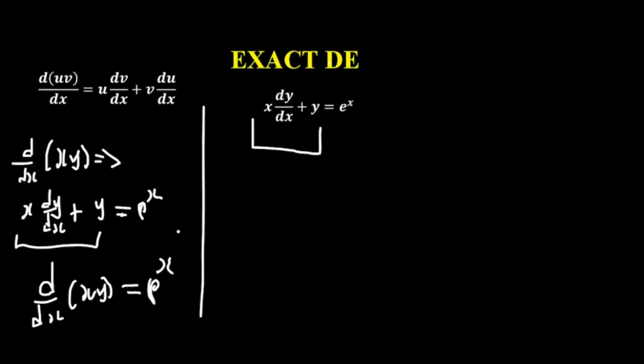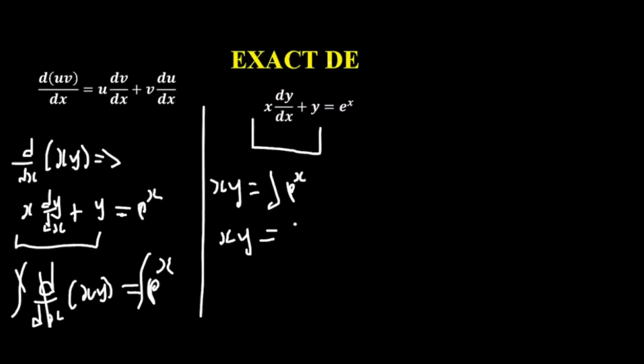What we are going to do now, we take our integral sign on both sides. When we take our integral sign on both sides, then we know that this is going to cancel this, obviously. So we'll be left with xy equals the integral of e to the power x, which is e to the power x plus our constant k.